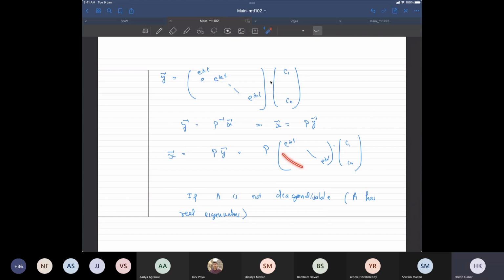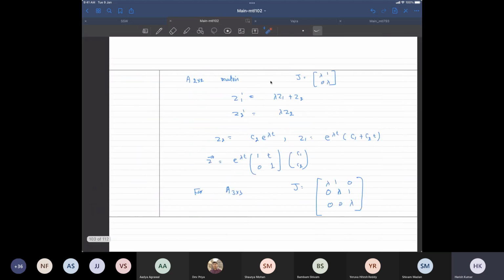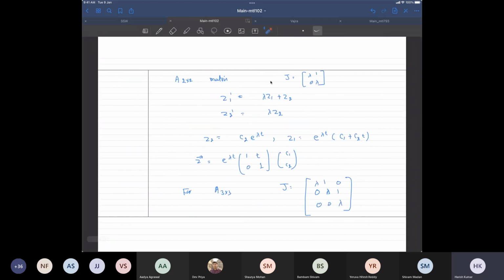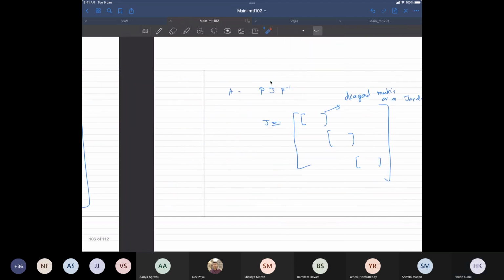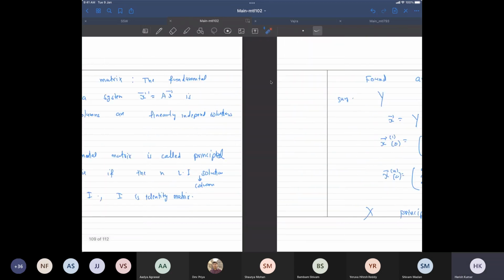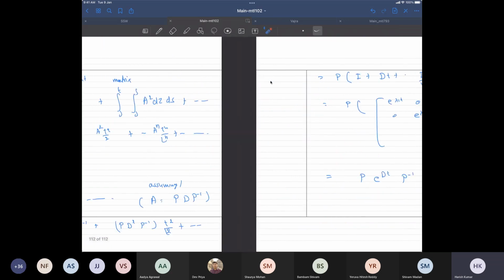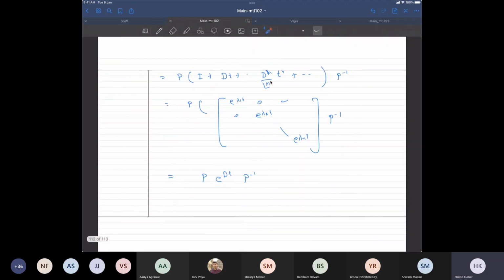Okay. So how would you do it? If A is diagonalizable, you write the diagonal entries like this, find this matrix P which consists of eigenvectors, and do that. This is the case when A is diagonalizable. When A is not diagonalizable, that means A can be written in the Jordan form, then you repeat the same process.